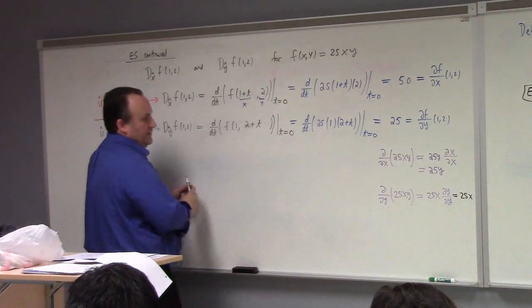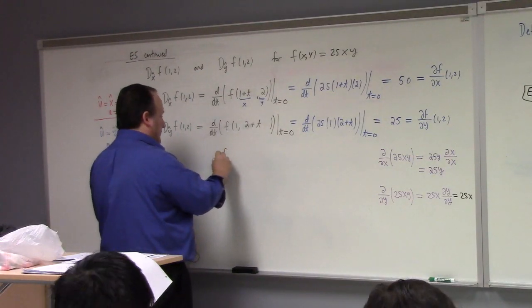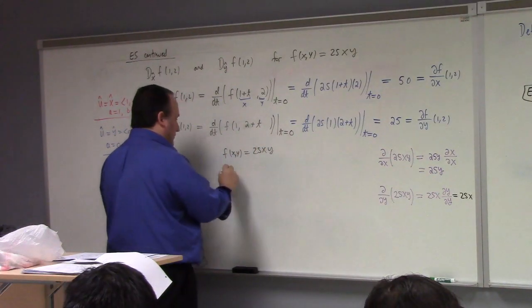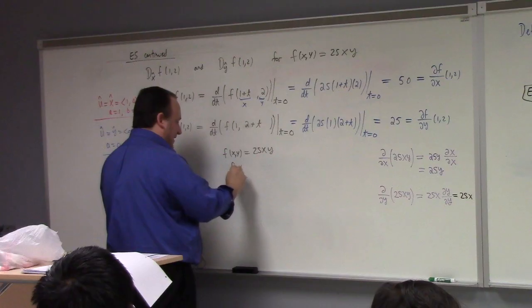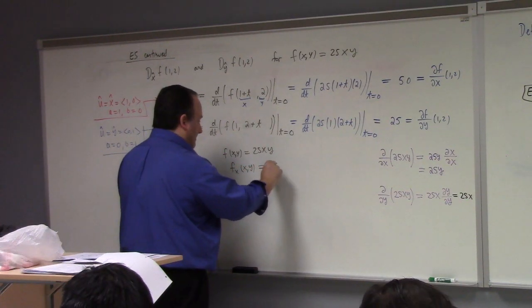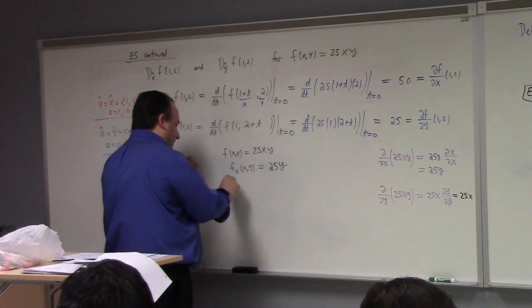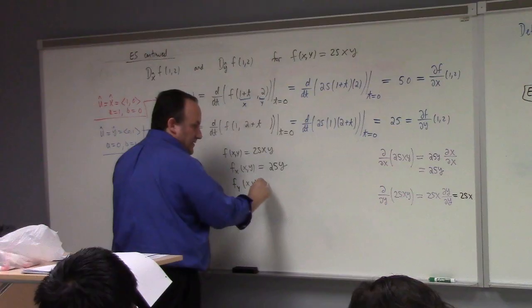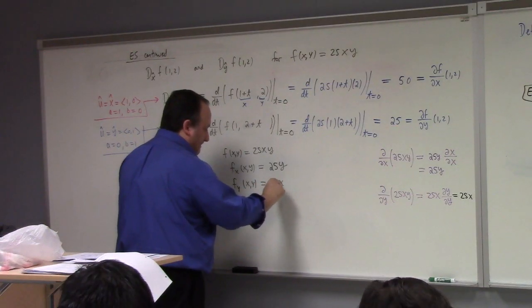Let me put it in the other language. So for f of x, y equal to 25xy, we have f sub x at the point x, y is equal to 25y. And we have f sub y at the point x, y is equal to 25x.